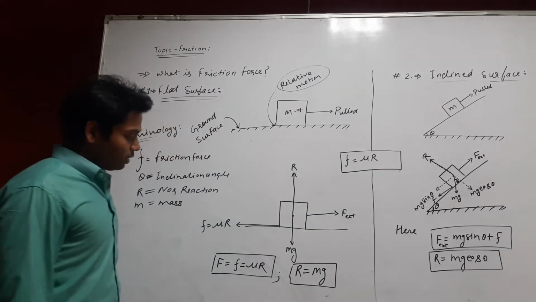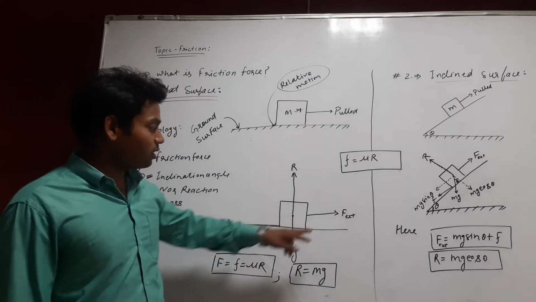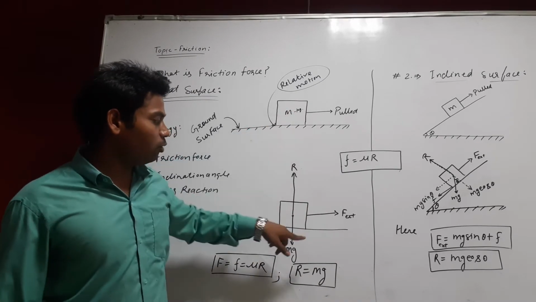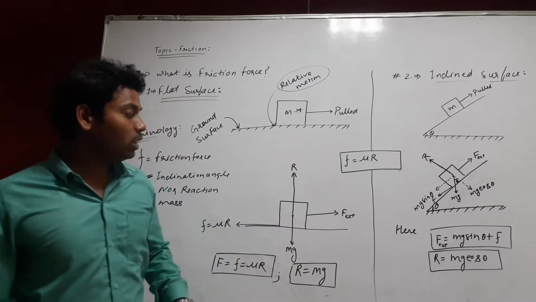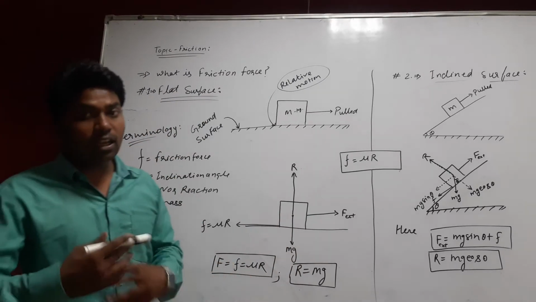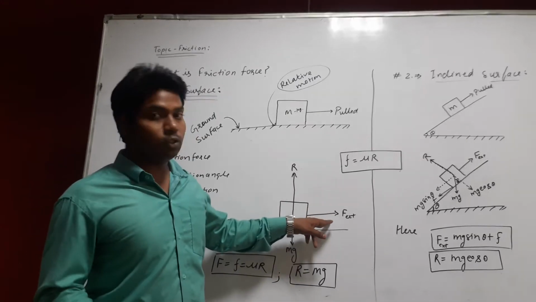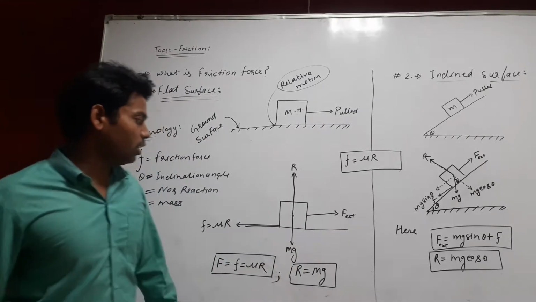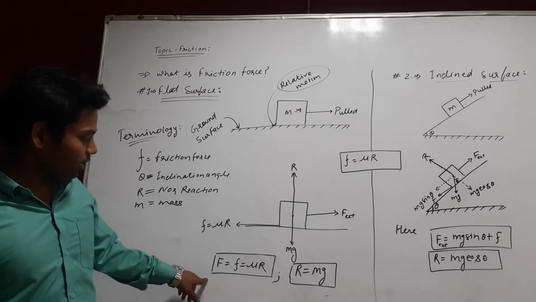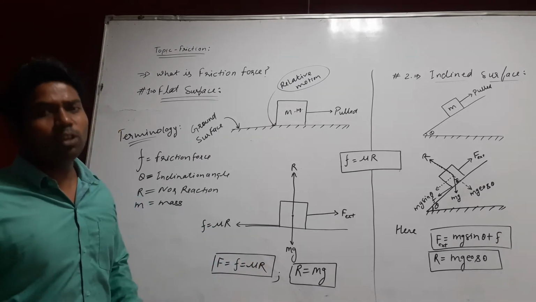But in case you have to calculate the external force, like you have a body of mass m and you are applying a force to move it, how will you calculate the amount of force you need to move that box? This is actually not a formula.